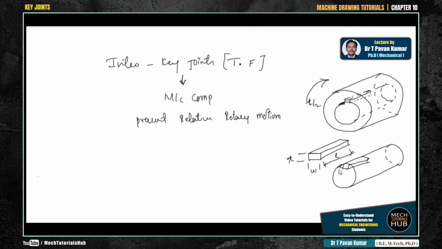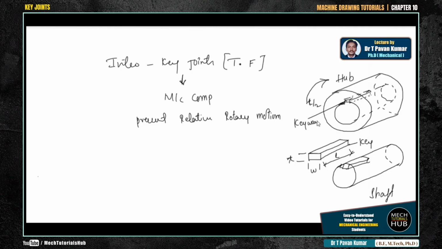What are all the cases? We'll discuss in detail in which case we provide a keyway only in the hub, and in what case we provide a keyway both in the hub as well as in the shaft. That discussion we'll see. But try to remember: the hub looks like this, and this is called the shaft. This is a key, and this we call a keyway.